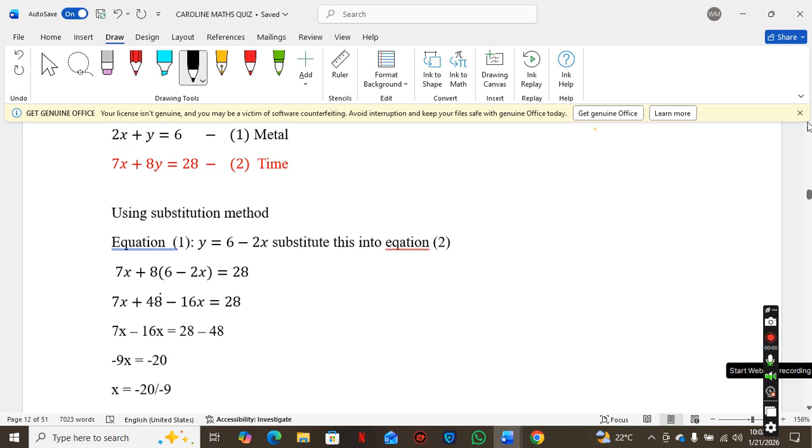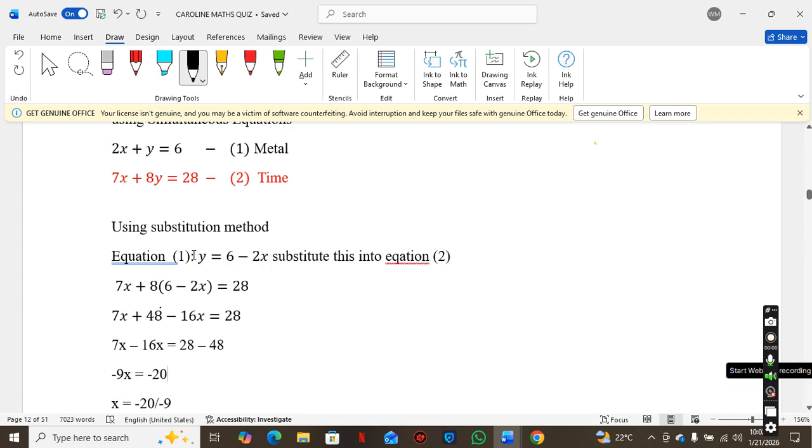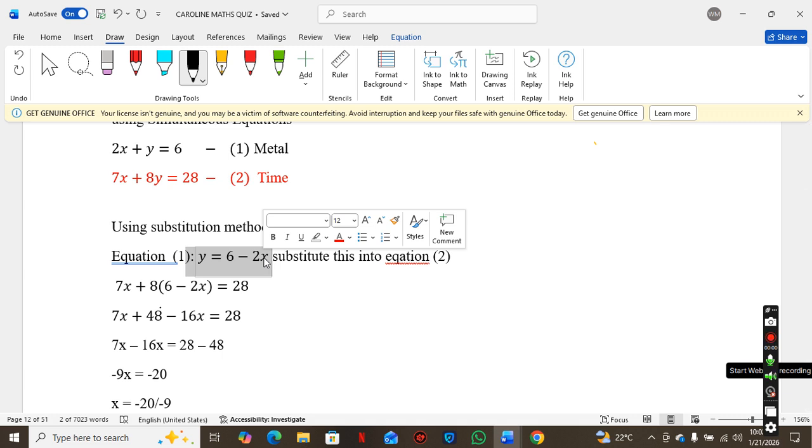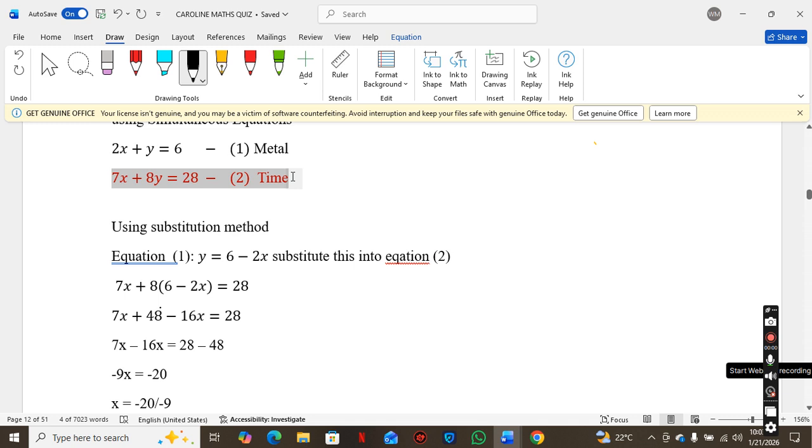So it was y equal to 6 minus 2x. What did we replace with y? We substituted this equation into this equation in red here. So where there's y, we substituted it with 6 minus 2x.